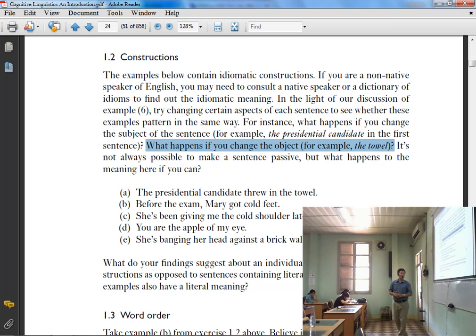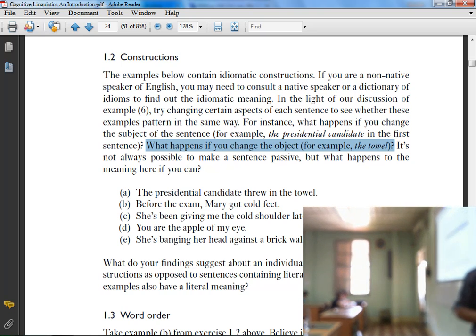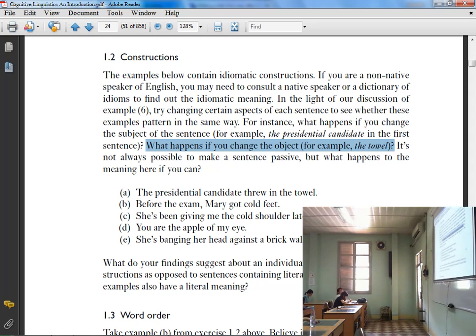Otherwise, it will lose all the idiomatic meaning. Okay. So from this, I want you to go back to the reading and read this part about meaning construction, idiomatic meaning.